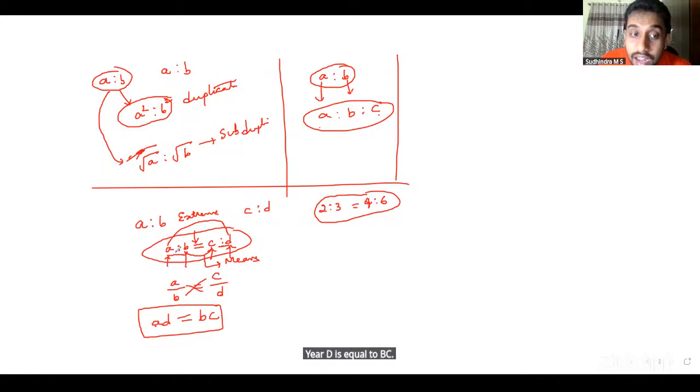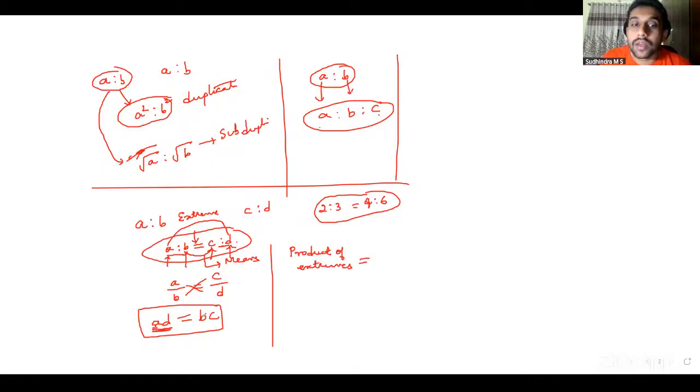What is A and what is D? A and D are called extremes. What are we doing? We are multiplying. So the product of extremes is equal to B into C. What are B and C? Means. Very good. Product of means.